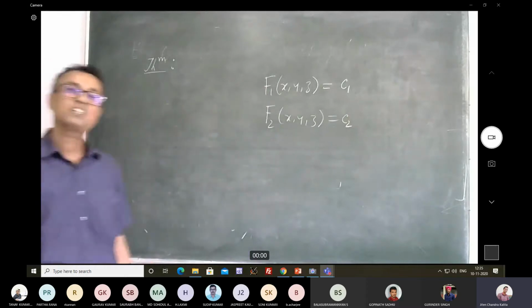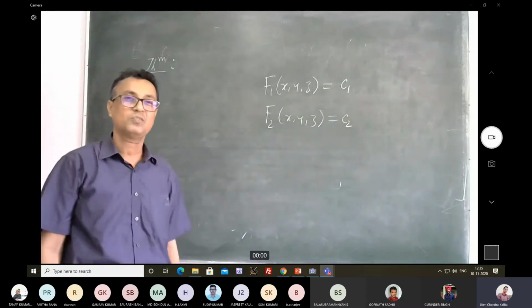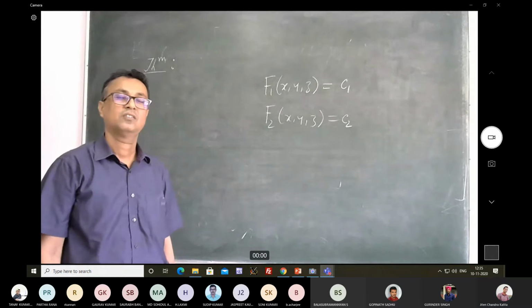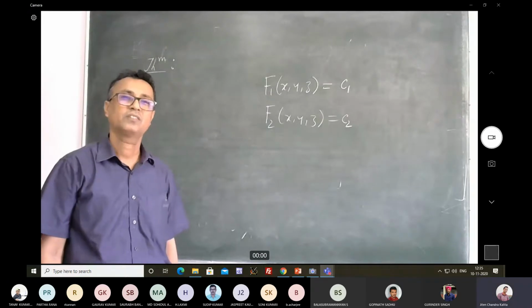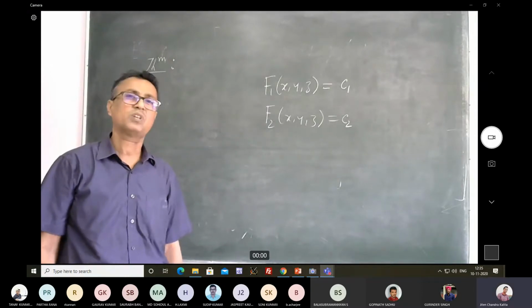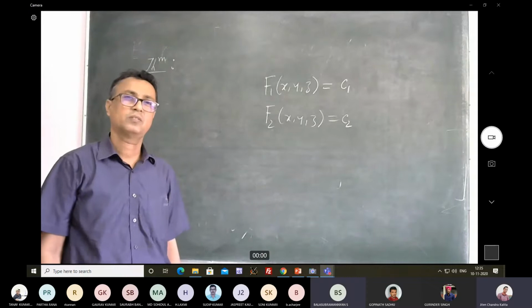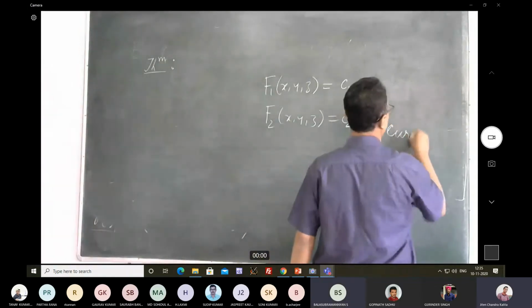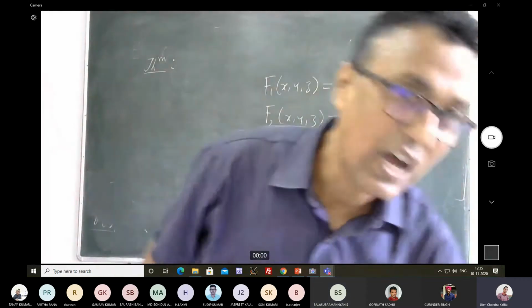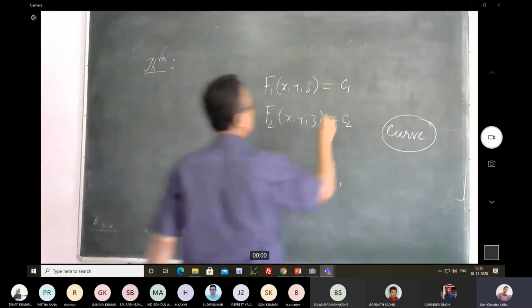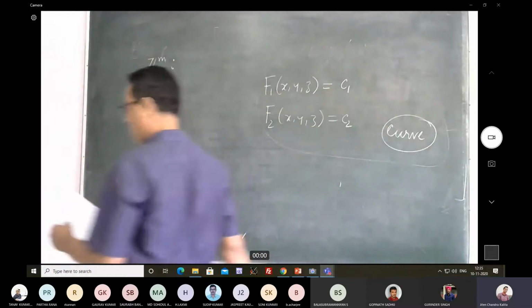Can you tell me what will be the intersection of two surfaces in space? It is going to be a curve. Okay, fine. So the next theorem or exercise is going to be on this fact.